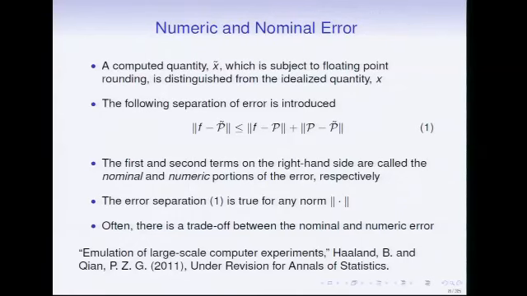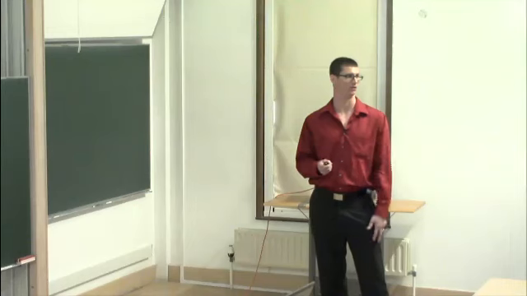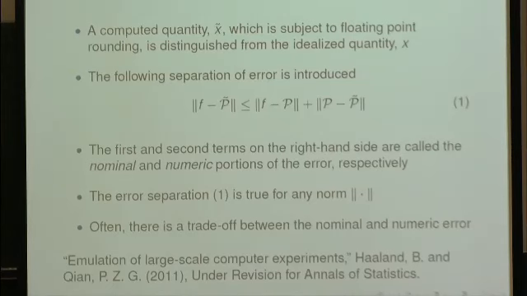So now let's introduce a little notation and decompose our error into two parts. We have the thing that we pretend we have when we're working with the computer, that's x. But then we have the thing that we really have, which is x tilde, which is x subject to numerical error. I'm going to distinguish the two. So we have idealized or nominal quantities, the x's, and then we have the x tildes, which are the ones that the computer spits out and we actually have to work with.